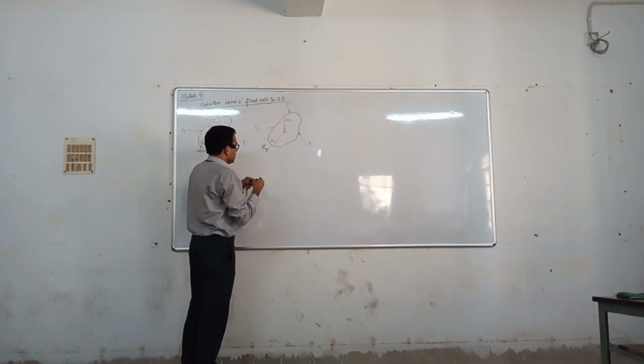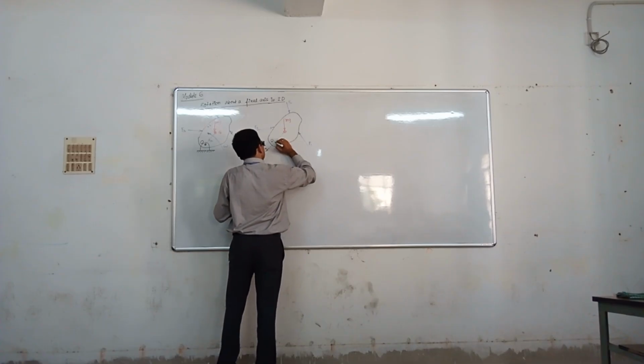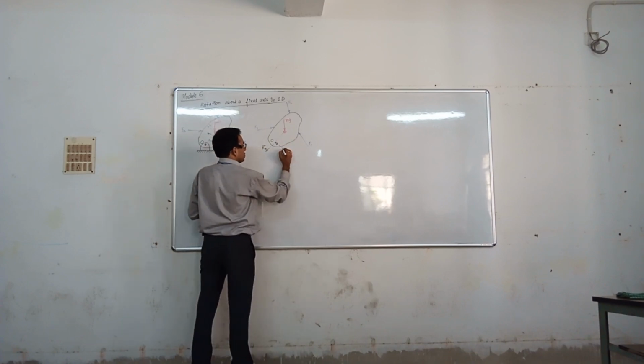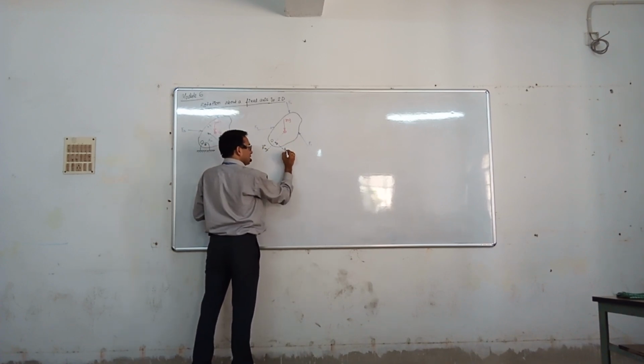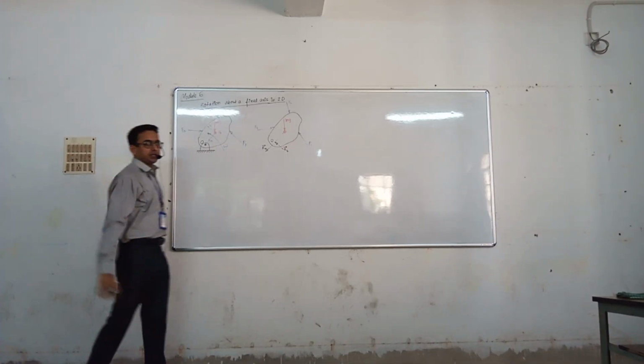So accordingly, we will have a normal reaction towards this, and a tangential one towards this, so I can write this as R T. Okay, so this is called the free body diagram.